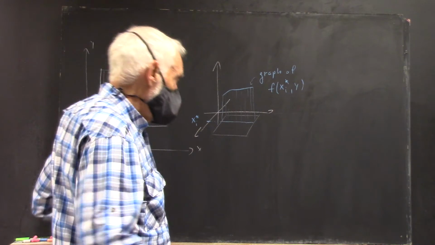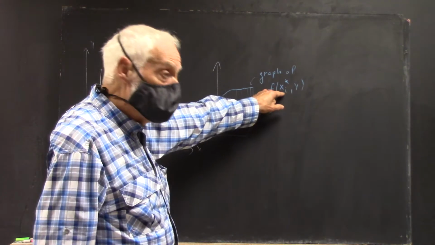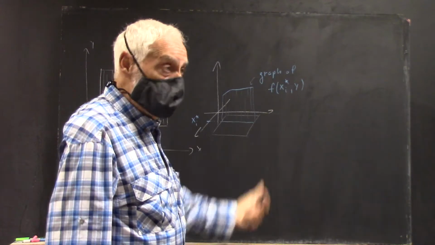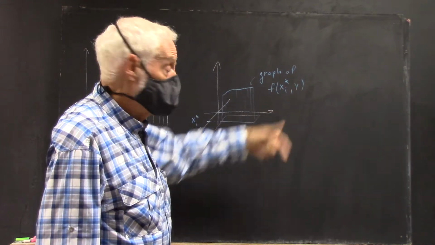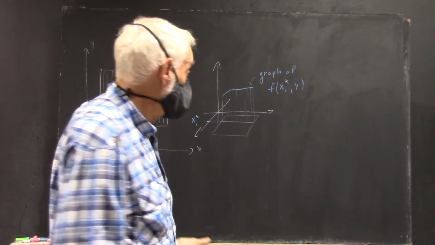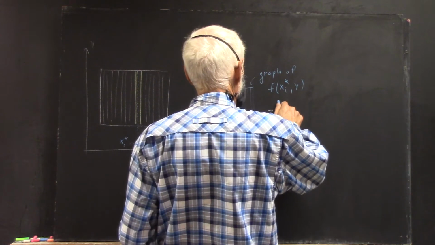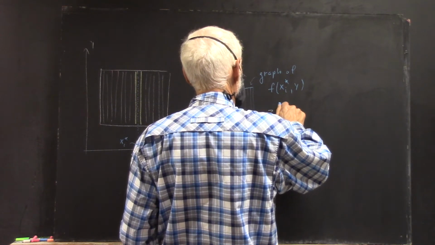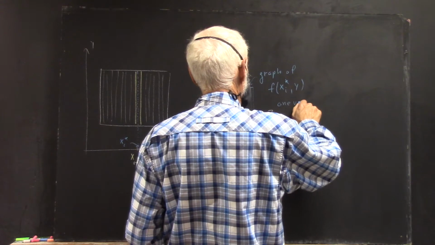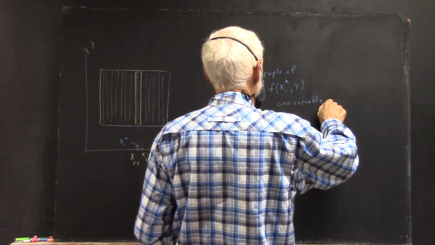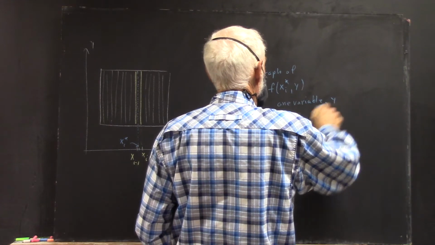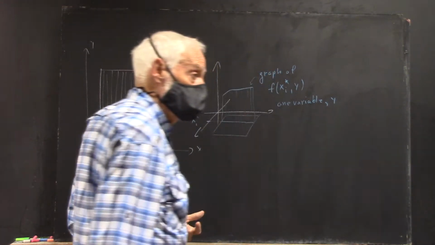In other words, you replace x by whatever number xi star is, and you get a graph of simply, this is one variable. Got one variable, which is y.